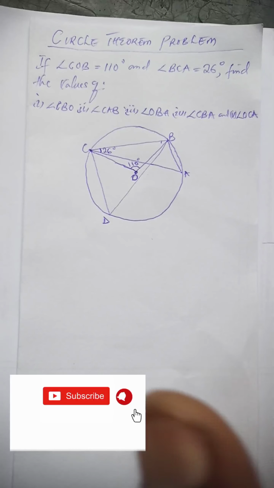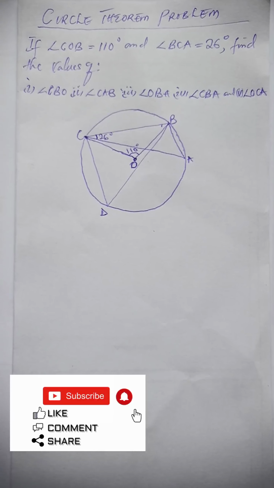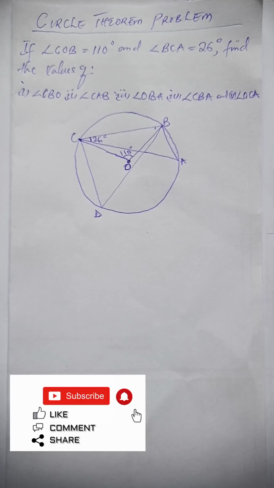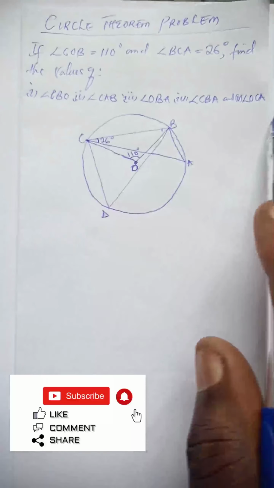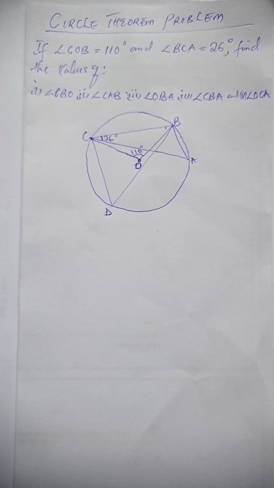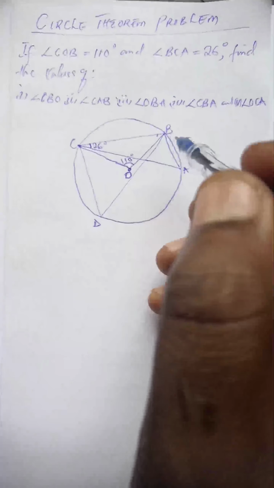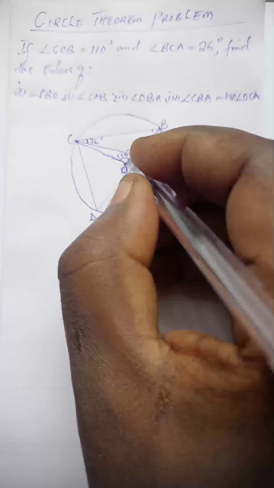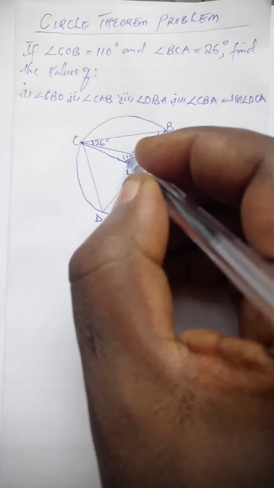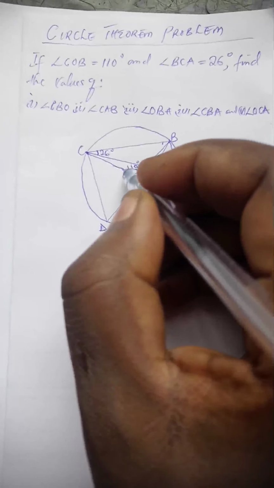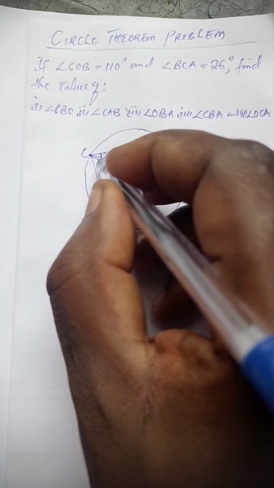But don't worry yourself about too many things on the diagram. Just concentrate on the options they ask you to find. If I look at this diagram carefully, I'll observe that the angle at the center is 110, but it is forming itself in a triangle.